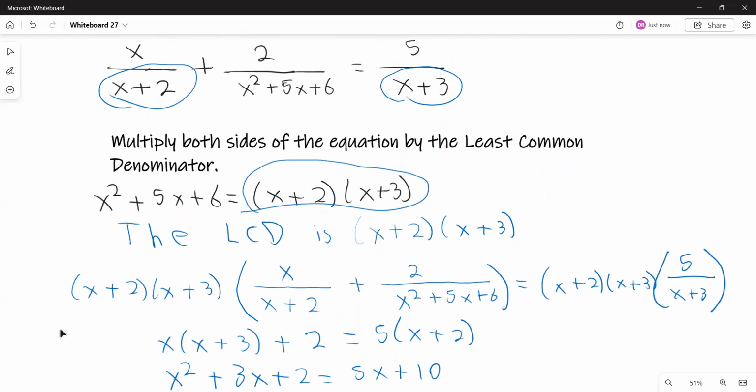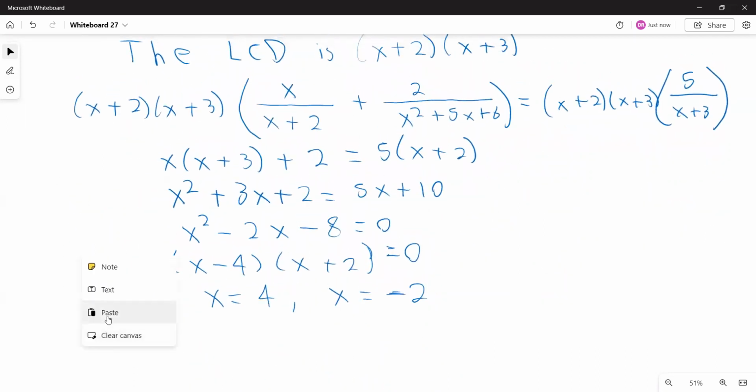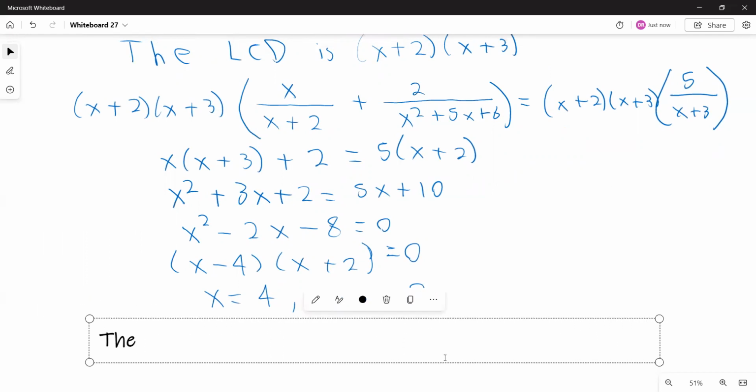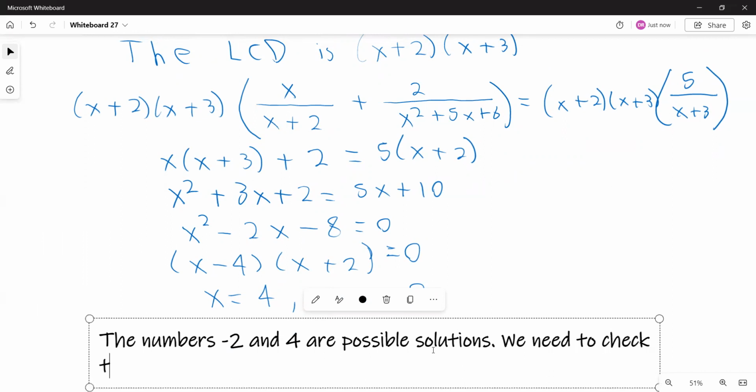These are only the possible solutions. The numbers -2 and 4 are possible solutions, but we need to check them in the original equation.